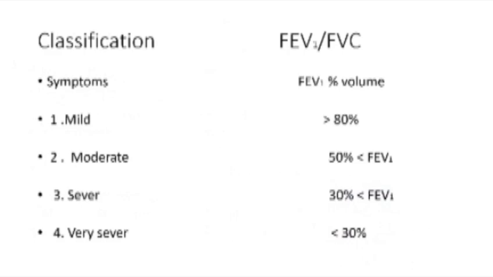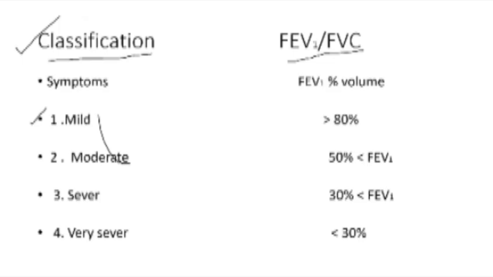See the classification of COPD. This COPD is classified into 4 stages. One is mild, moderate, severe and very severe. How is this classification made? It's mainly based on FEV1 and FVC volumes. What do they indicate?